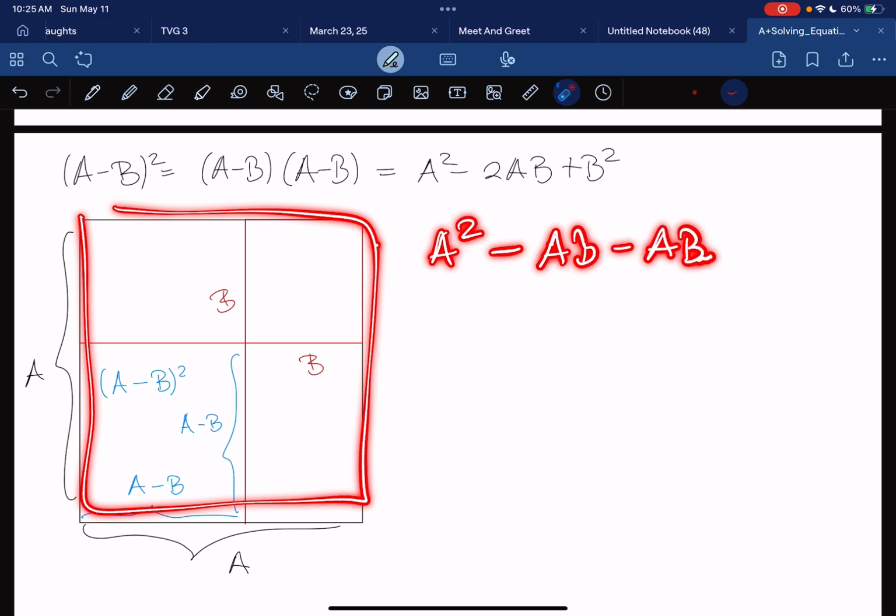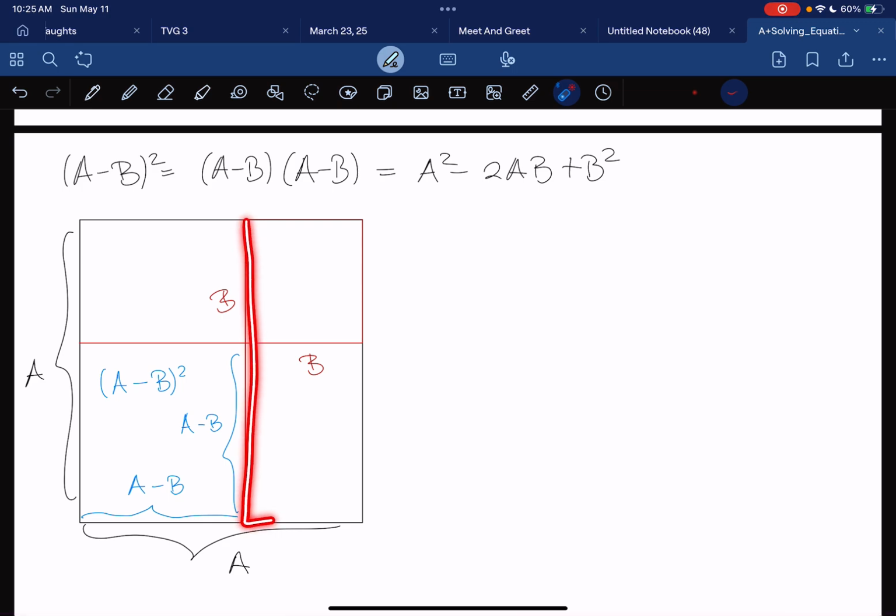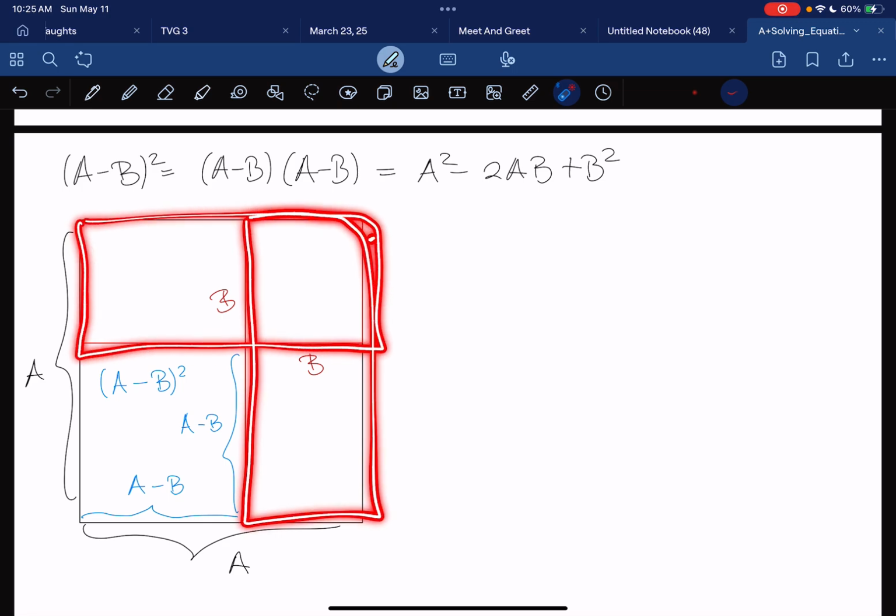Now, you might have noticed that when we subtract this part and then subtract this again, we're subtracting this area right here, which is b squared, twice. And we don't want to do that, right? We only want to subtract it once. So what we're going to do is add a term of b squared to compensate.